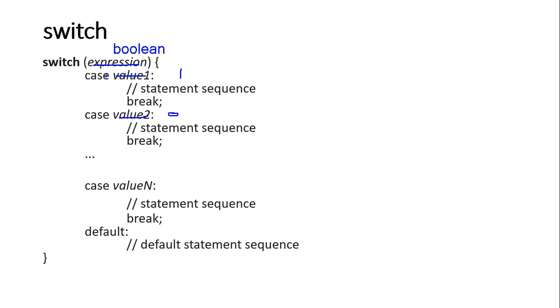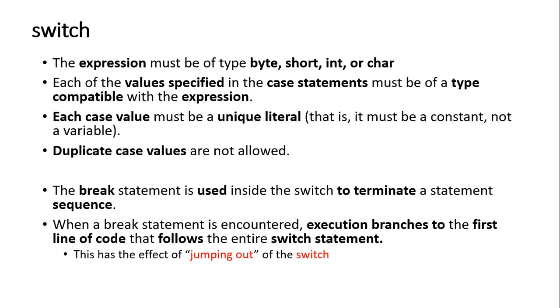Why can't you write case 0 and case 1? Because 0 and 1 are integer types and they are not the Boolean type. So the type of the expression that you are evaluating and the type of the value that you are specifying, both of them must match. Either they are an exact match or they are compatible. Otherwise, the switch statement will not work.